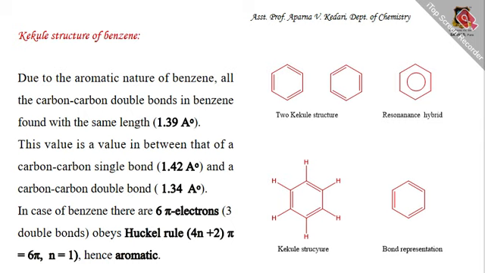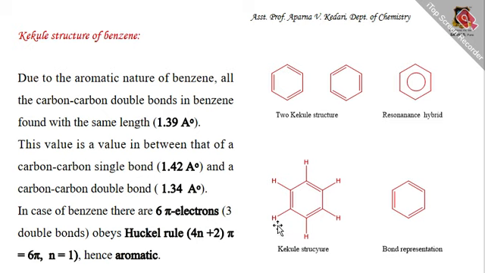Due to the aromatic nature of benzene, all the carbon-carbon bonds in benzene have the same length, that is 1.39 angstrom. This value is in between that of a carbon-carbon single bond, 1.54 angstrom, and a carbon-carbon double bond, 1.34 angstrom. In benzene, there are 3 double bonds.